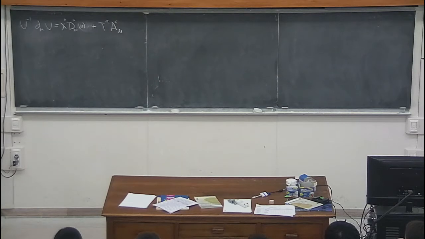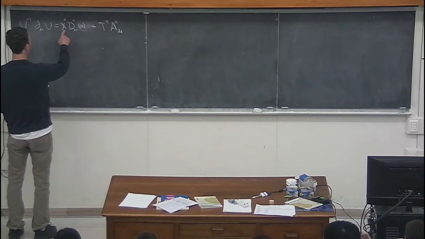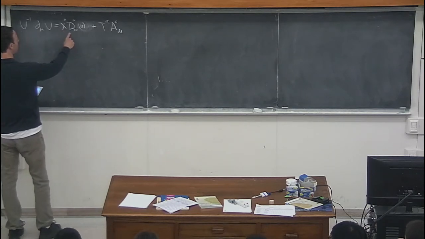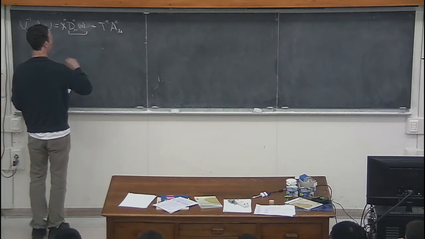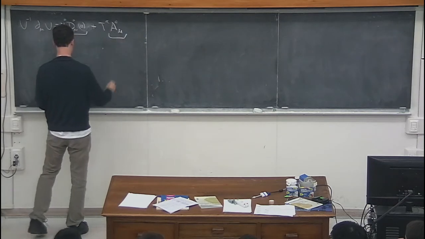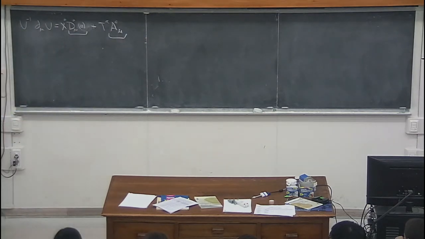Is that how I wrote it yesterday? I'm trying to remember what notation I used. But the coefficient of x was a covariant derivative, and the coefficient of t transforms like a gauge field.